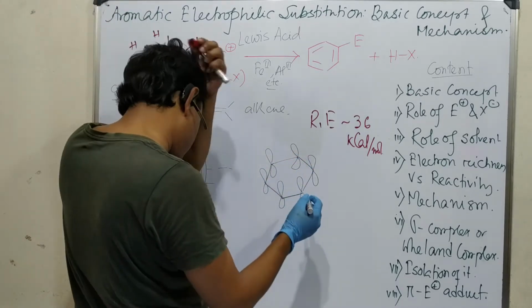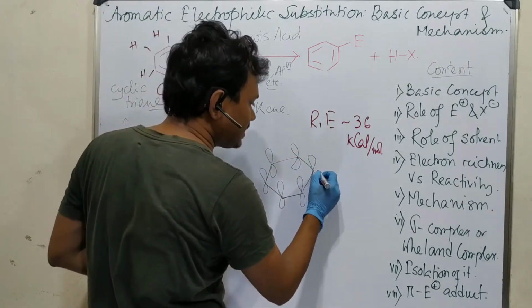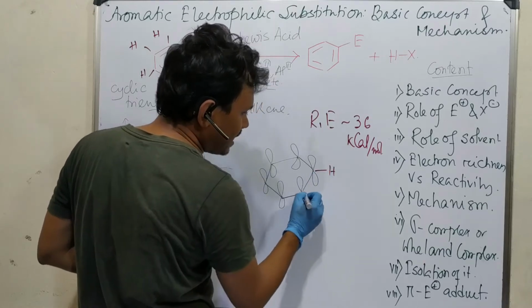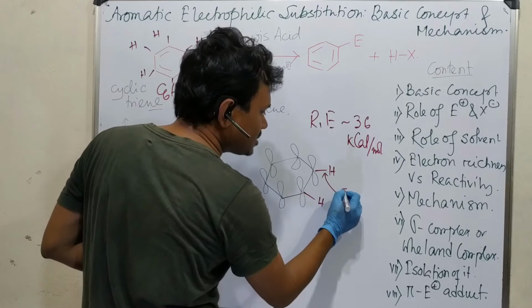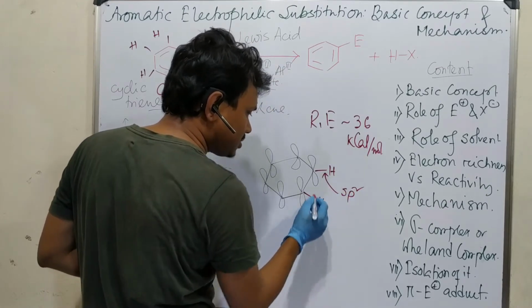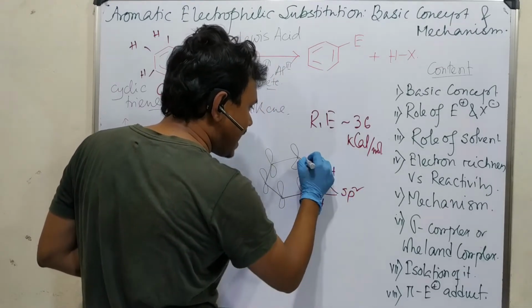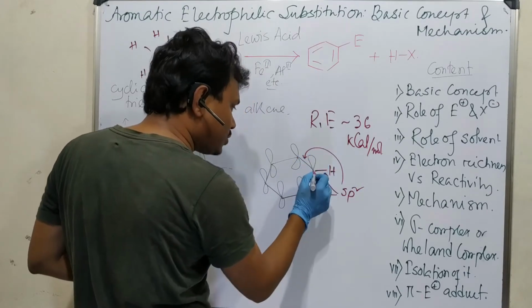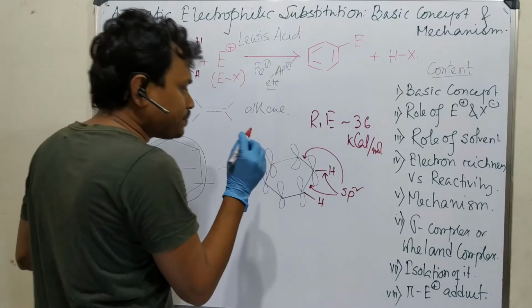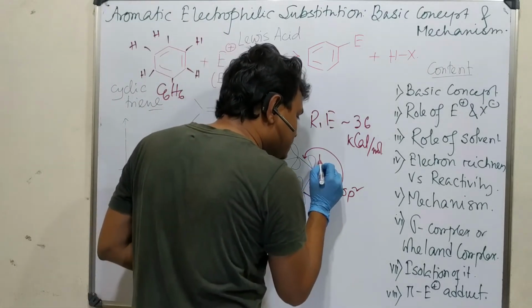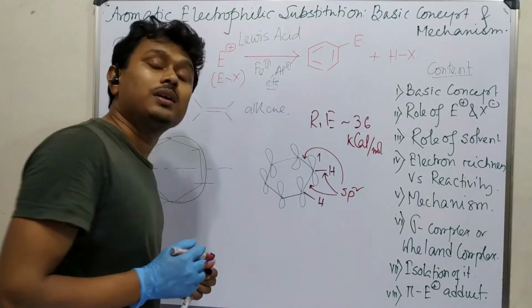So this is a benzene having every orbital as a p orbital, and hydrogens are at this position. This is actually an sp2 hybridized orbital. This is sp2, this is sp2, and this bond is also sp2. What do I mean? This carbon forms 3 sp2 hybridized orbitals, and one unhybridized p orbital is here with 1 electron.